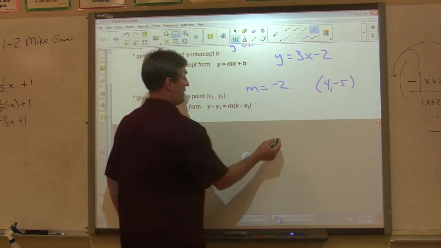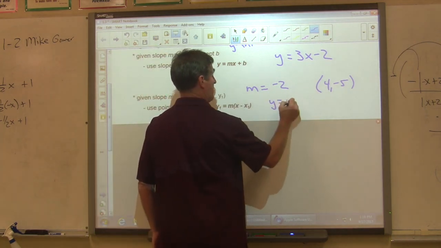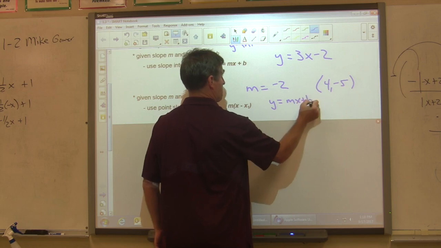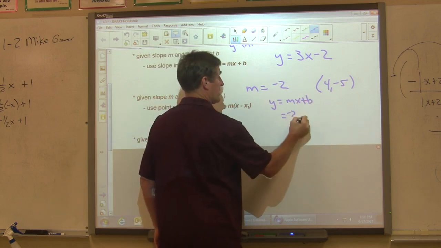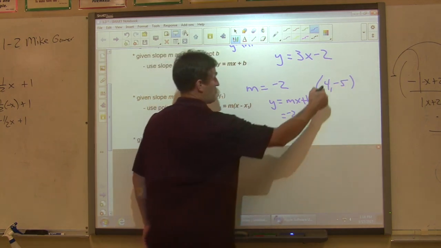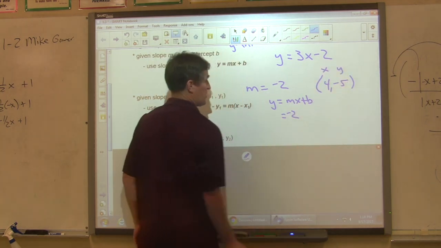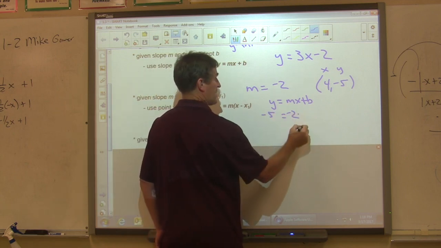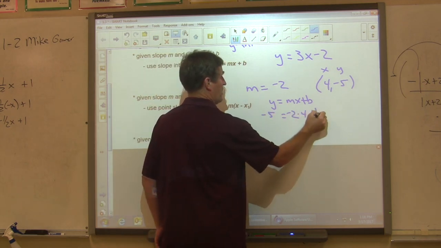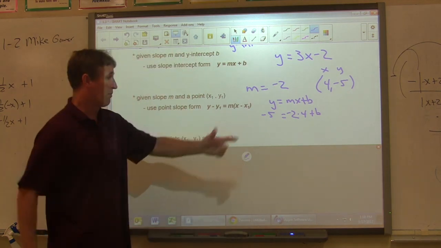In Algebra 1, you would have taken the equation y equals mx plus b. You would have plugged in the slope, and you would have plugged these values in, because remember your first one's x and your second one's y, and you would have said -5 equals -2 times 4 plus b, and then you would solve for b.